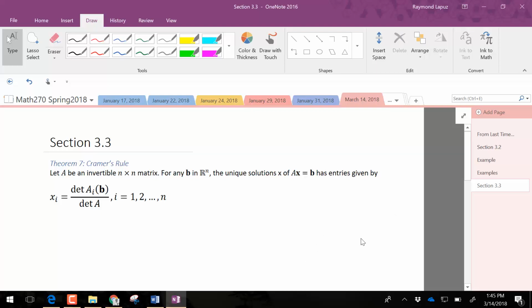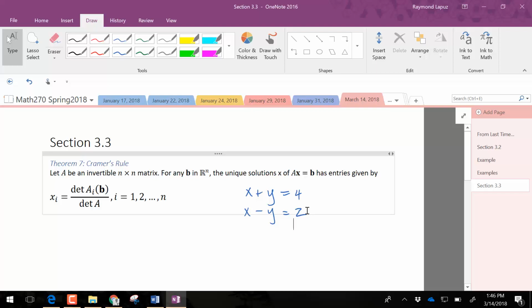Let's say x plus y is equal to 4, and then x minus y is equal to 2. Let's go really simple here. Hopefully these two lines intersect, right? They have different slopes, so they should intersect.